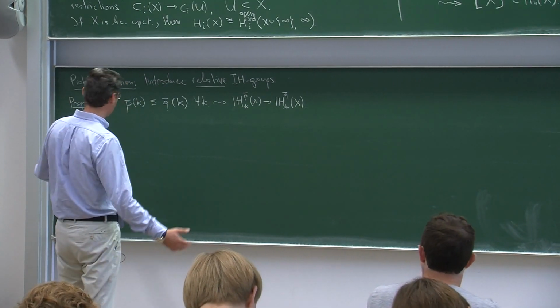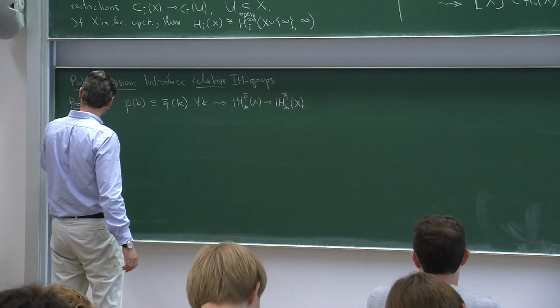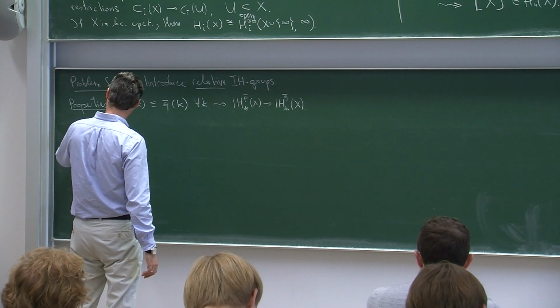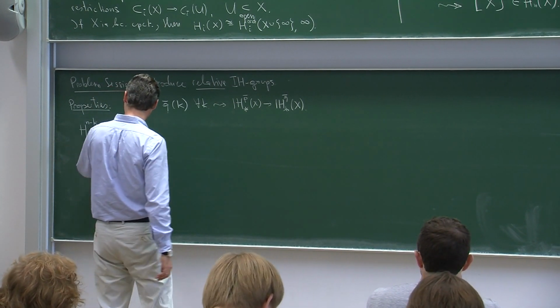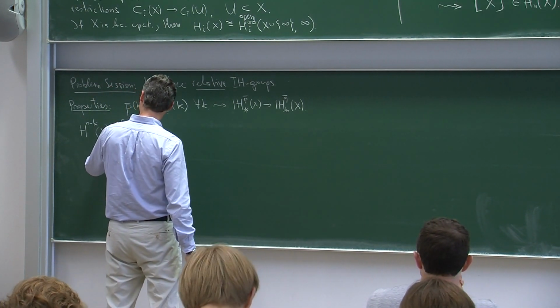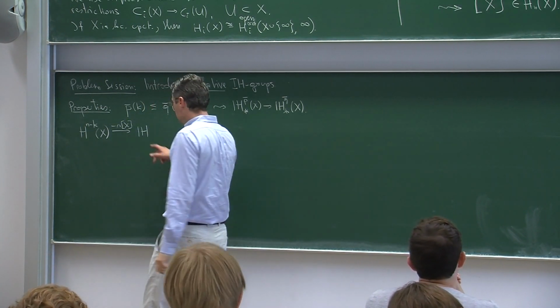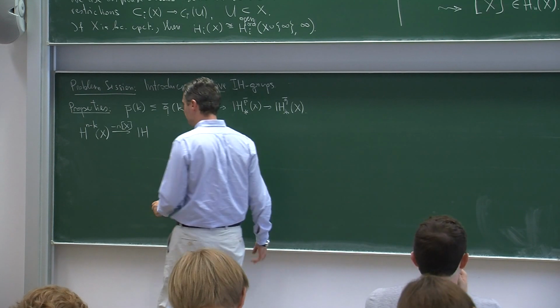And so then the picture that we sketched earlier now becomes the following. On one end of the spectrum sits cohomology. Now you immediately apply cap product with the fundamental class, and then you land in intersection homology with a zero perversity.